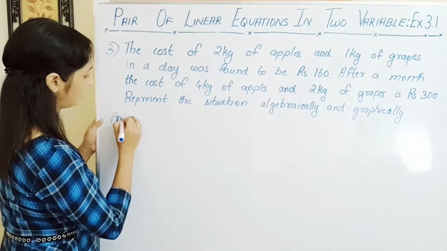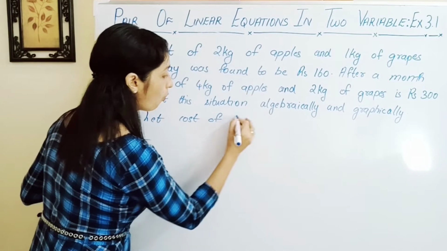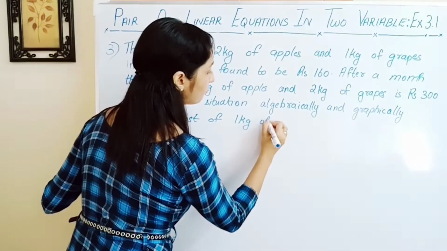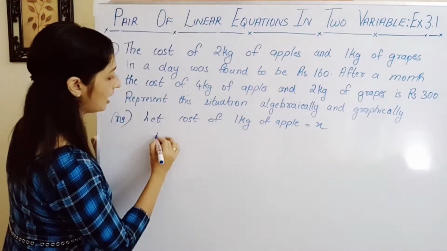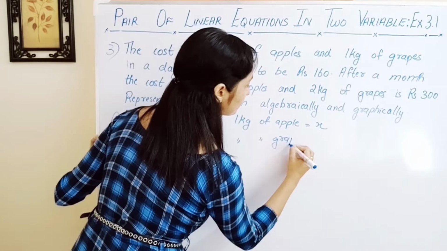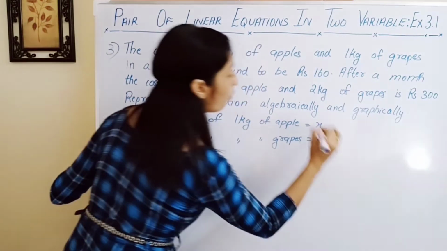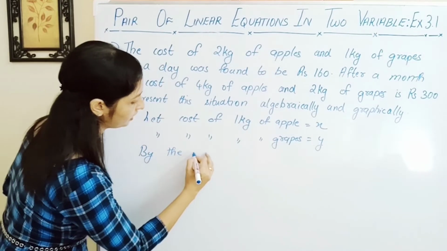So let's write that answer. Let cost of 1 kg of apple equals x, and let cost of 1 kg of grapes be y. Then by the given condition, what do you get?